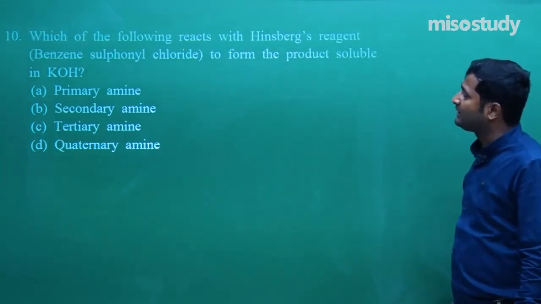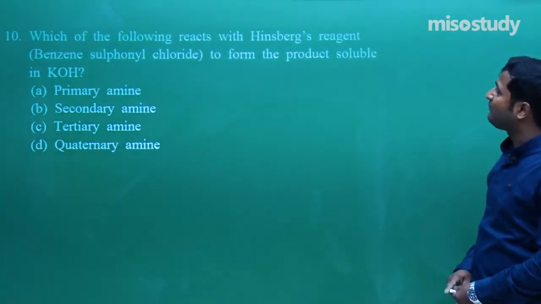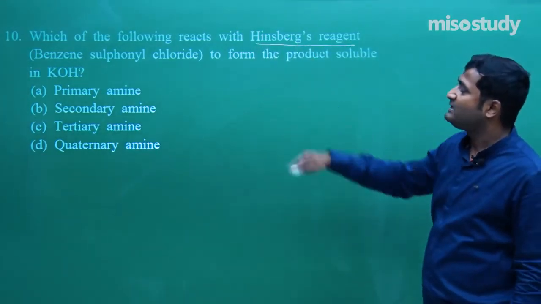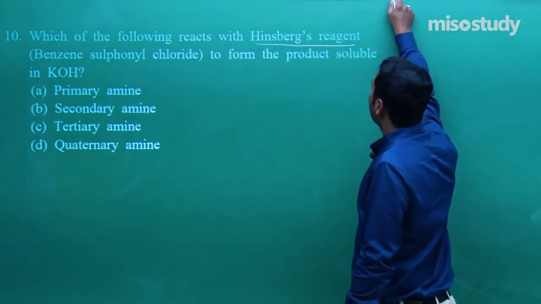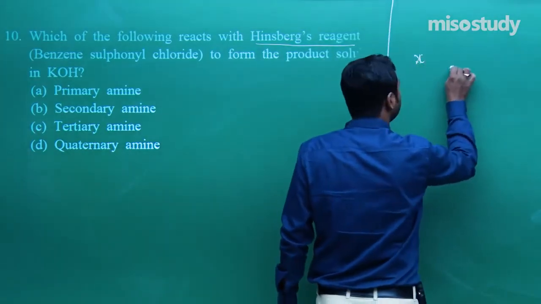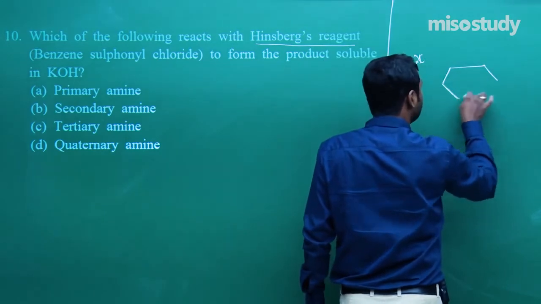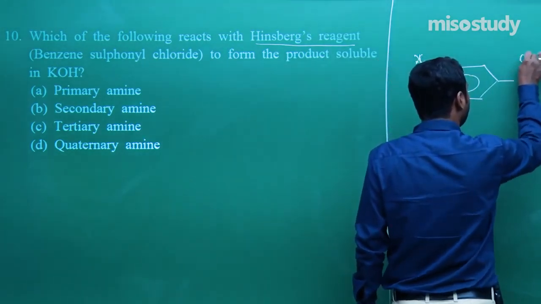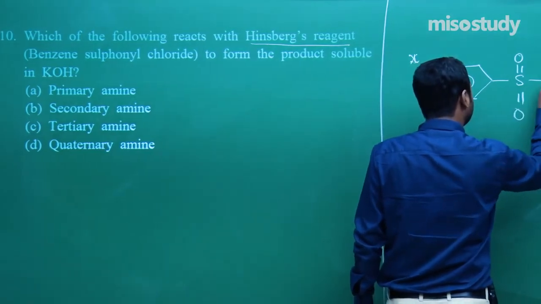Now for question number 10, which of the following reacts with Hinsberg reagent, that is benzene sulfonyl chloride? Now tell me what will happen. This one is benzene sulfonyl chloride.